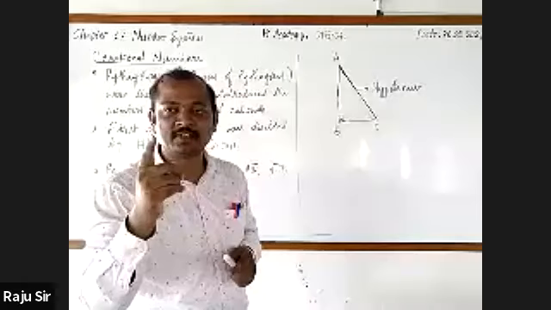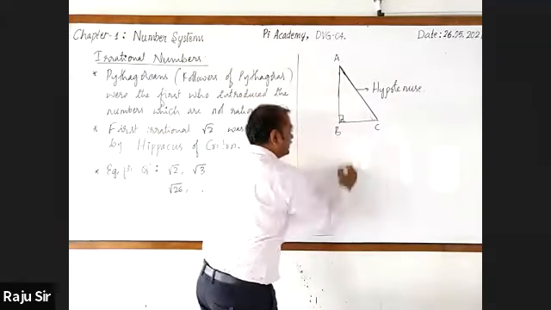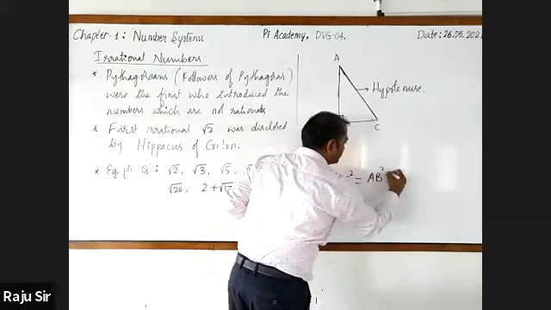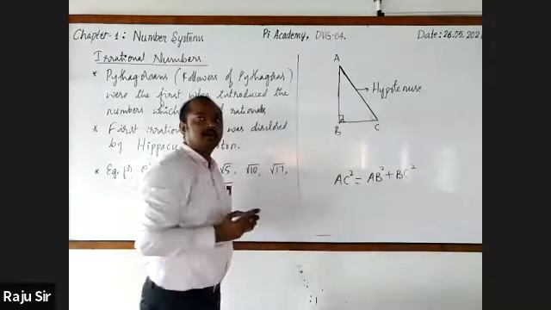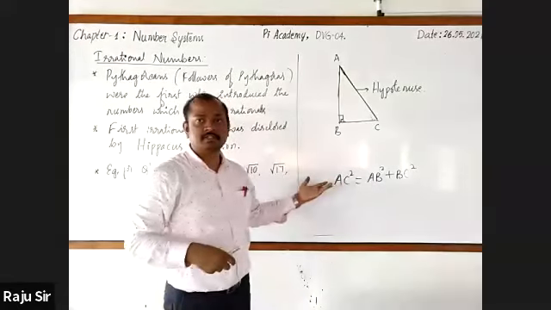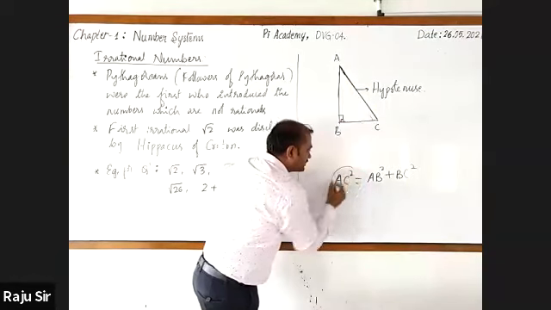AB square plus BC square. The sum of the squares of the other two sides is equal to the hypotenuse square. One has told it in symbolic statement as AC square is equal to AB square plus BC square. And the sentence formation is like this. In any right triangle, AC is the hypotenuse.